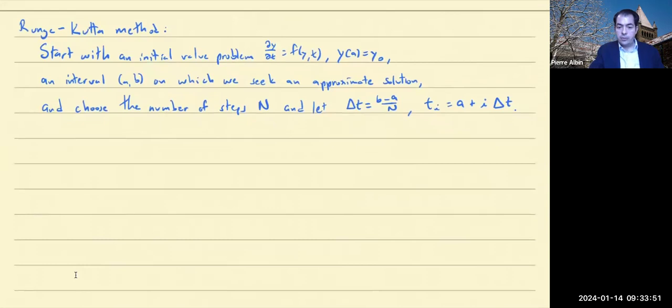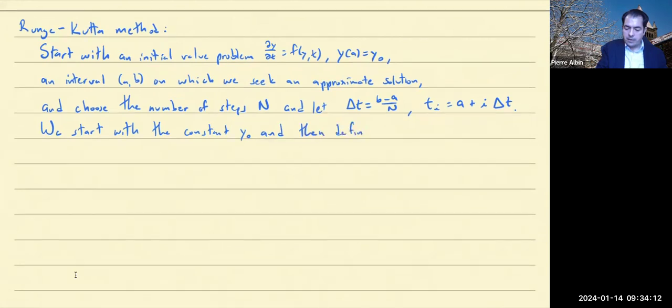Okay, so we start with the constant y naught, and then define y_i iteratively as follows. y_{i+1} is y_i plus, and then, just like in the improved Euler method, we're going to take an average of slopes.